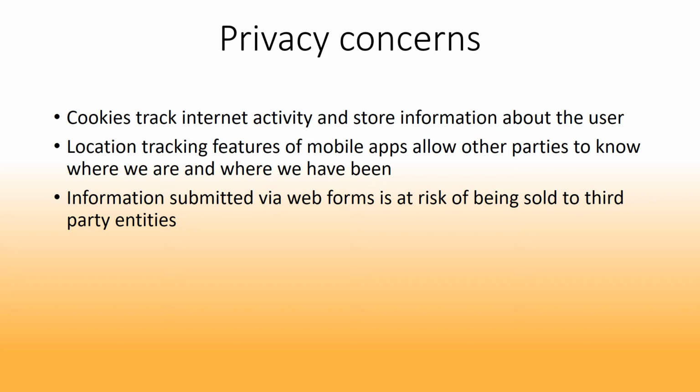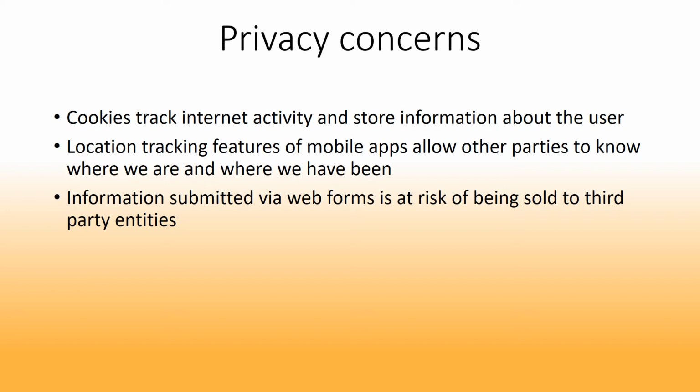This could be as simple as storing your username and password so that the next time you come to that website, you don't have to log in again if you enable remembering your password. But it could store other things too, and that's where some of the privacy concerns come in because we don't know what it's storing.